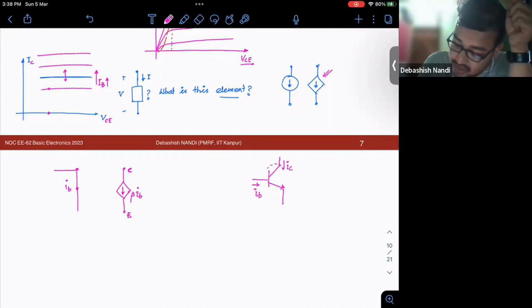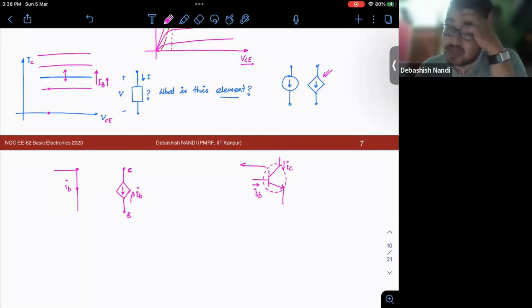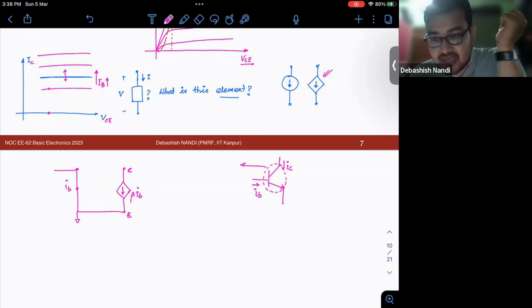I am trying to model this enclosed device in a small signal sense. So this is my IB. For the time being, let's say the base is grounded and the emitter is also grounded. Okay, so this is pretty fine.